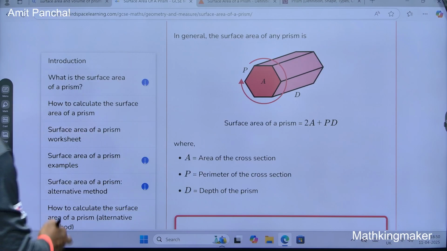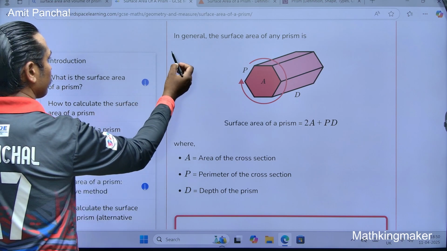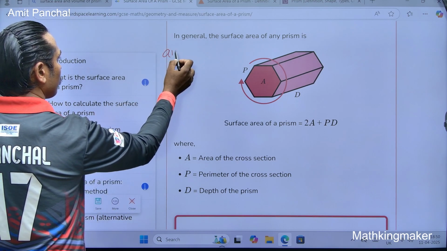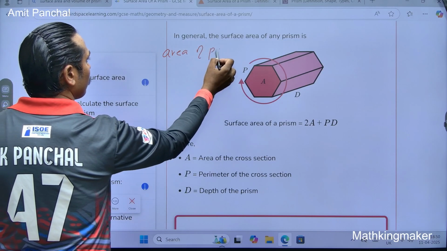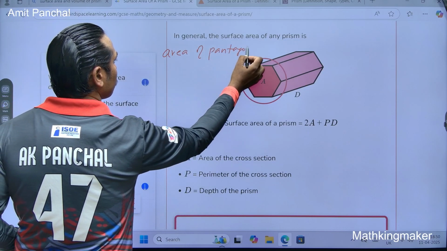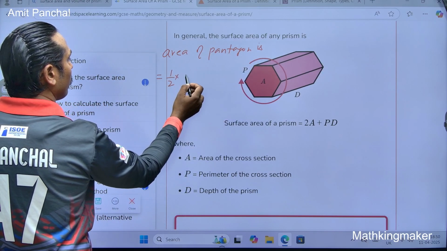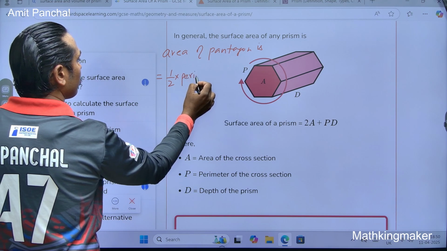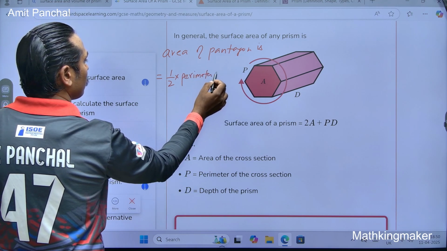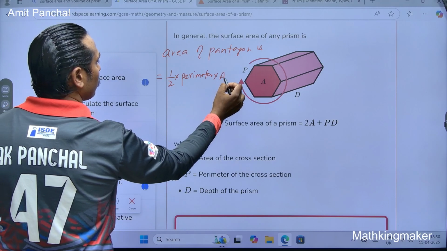Just write down the area of the pentagon. Area of pentagon is half perimeter into apothem.